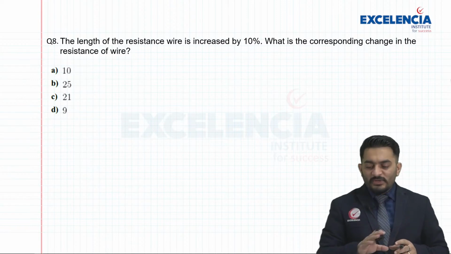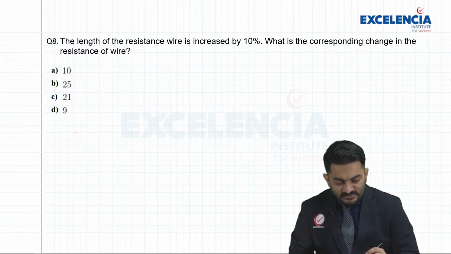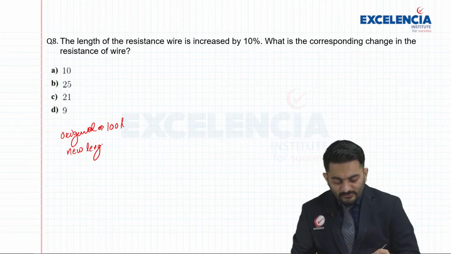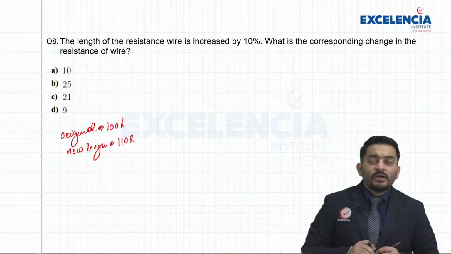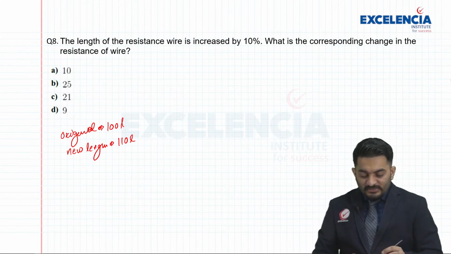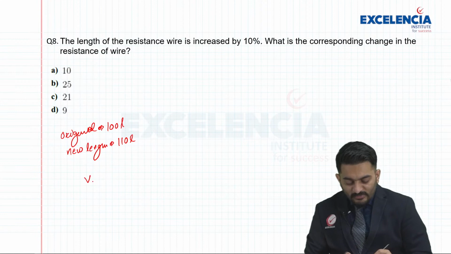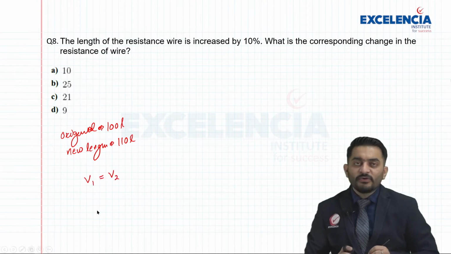Because I know what people do, they consider that the original length, let's say, is 100L, and the new length you have is going to be 110L, because it is a 10% increase. One particular logic which we can always apply is that my volume is something which is never going to change.